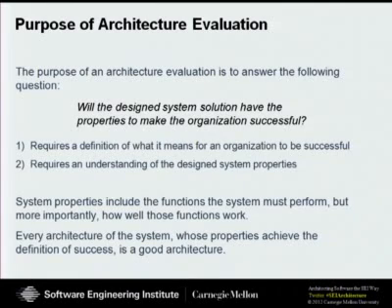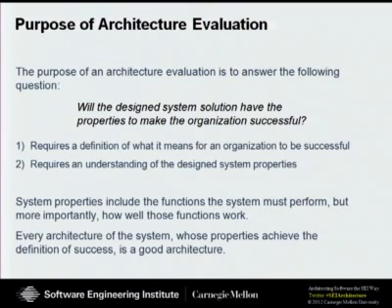Because if the system does not provide the function that makes your organization successful, then your organization cannot be successful. But it is also whether those functions will work in an appropriate way. How well do those functions perform? You can have all the functions in the system. If they are not performing well enough, then the system will be a failure.